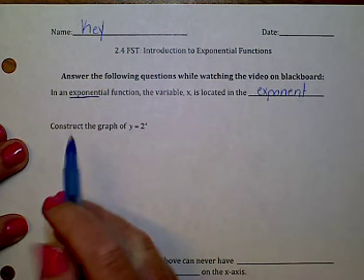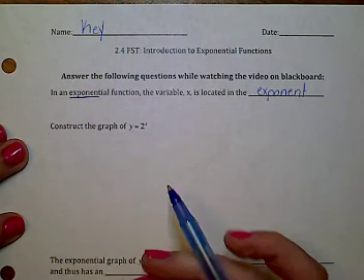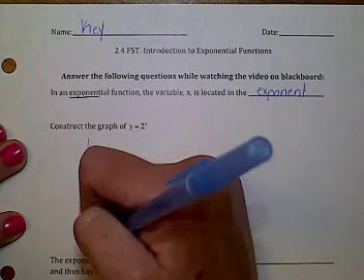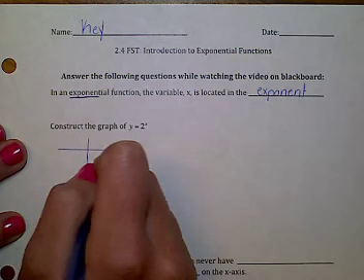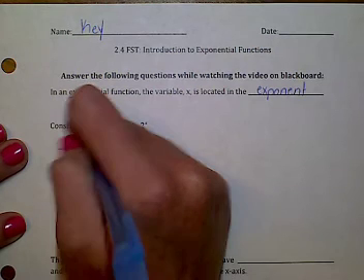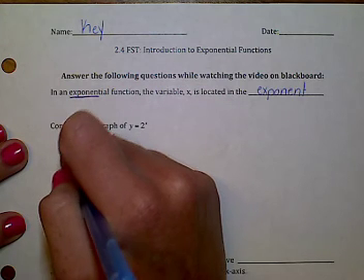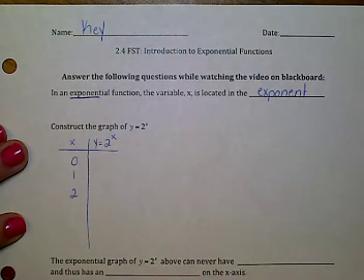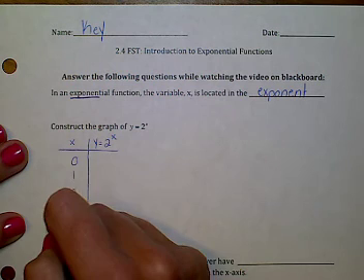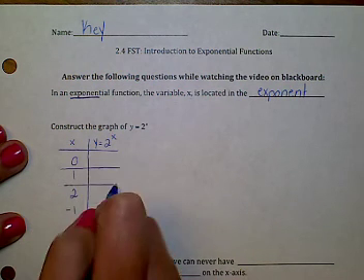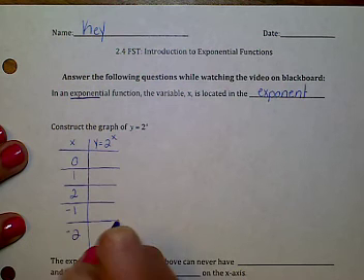Now, we are asked to construct the graph of y equals 2 to the x. And anytime you have to make a graph and you're not quite sure what it's going to look like, you can do a little chart here. I'm going to do some positives and we'll do some negatives. You're going to have to remember some stuff about exponents here to fill out this little chart.